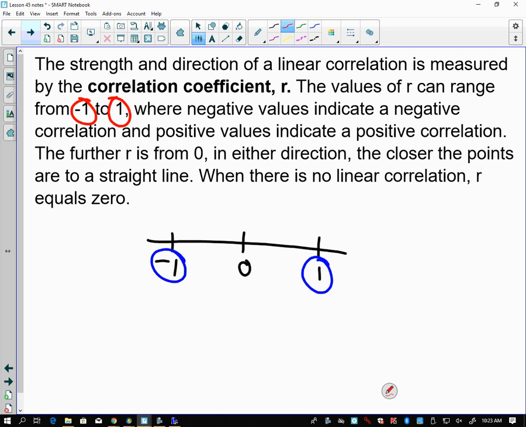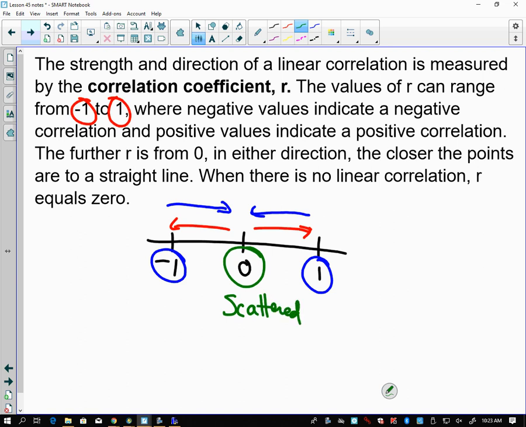The closer I get this way, I'm getting a line of data that is going positive, and the closer I get this way, the closer I get to a line going downward. But what happens as I go away from 1 or away from -1? What am I approaching? Less correlation, but what number do I approach? I approach 0. So the closer to 0, either negative or positive, that I get, the more scattered my data is.